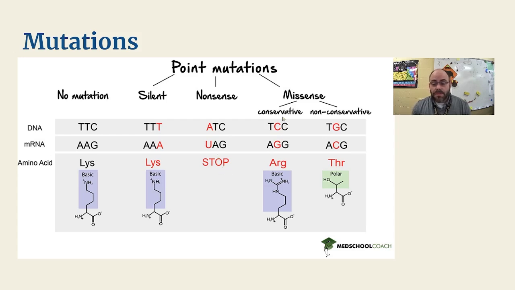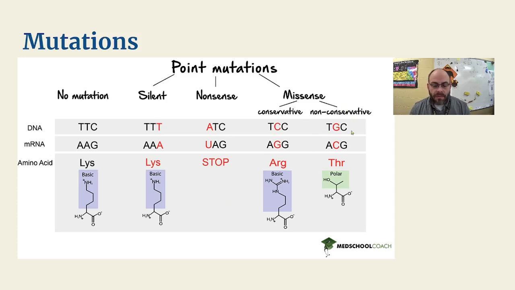A missense mutation is when a single base causes a change in the amino acid. And so you see the conservative versus non-conservative here. I'm just going to briefly hit on it. Conservative means that it's the same type of amino acid. It could have an effect on the shape of the protein, but it's going to be less.